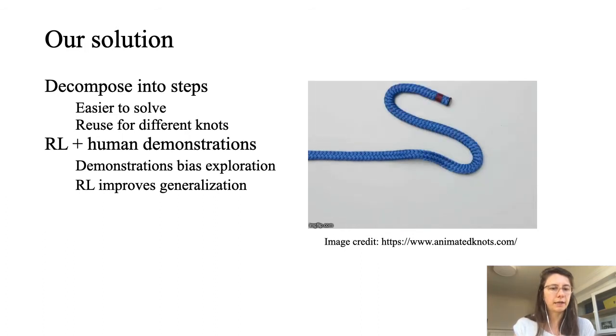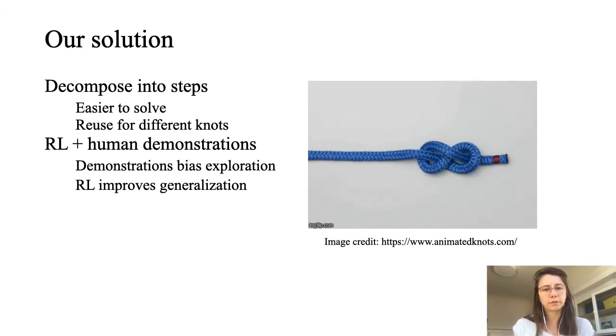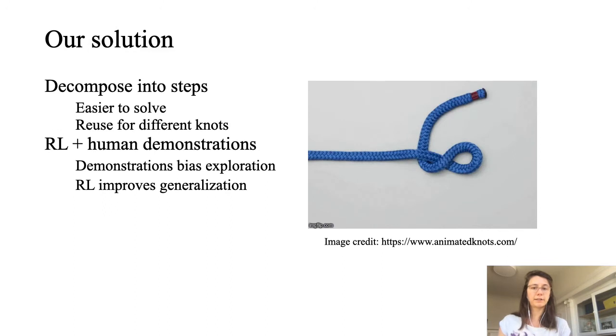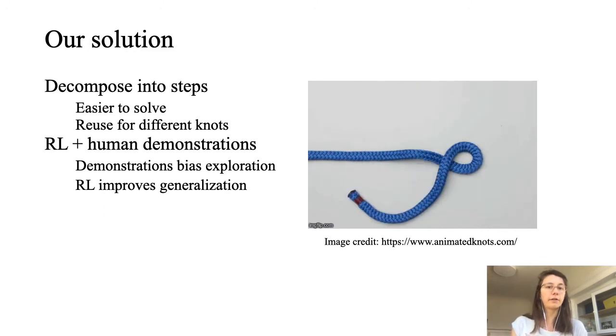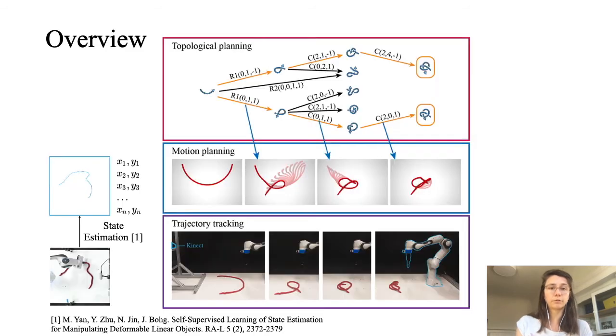At inference time, the motion policies for each topological step are used in a tree search to plan for the entire knot. So we would always find a solution, although the learned policies may not be perfect or always successful.